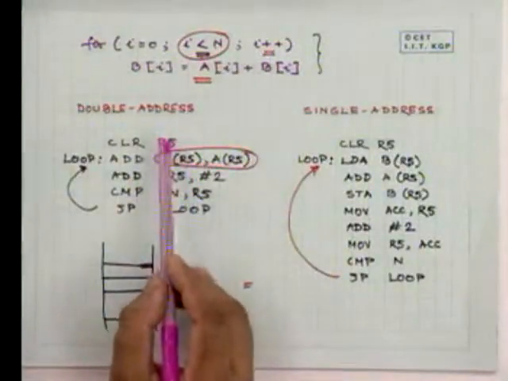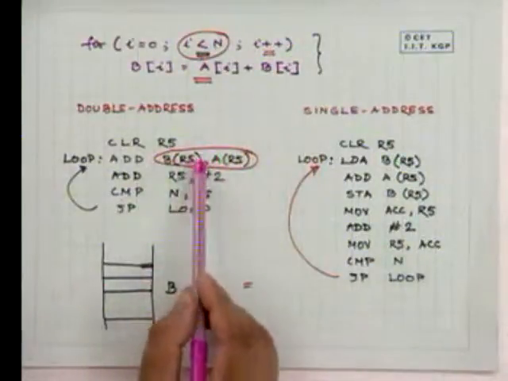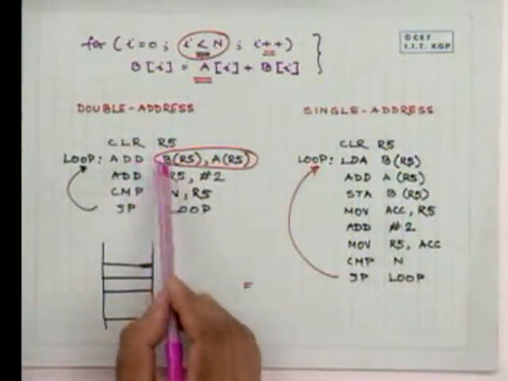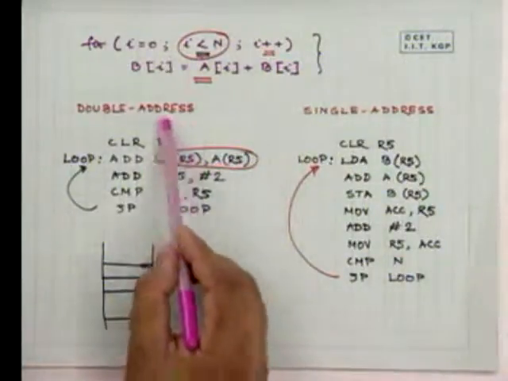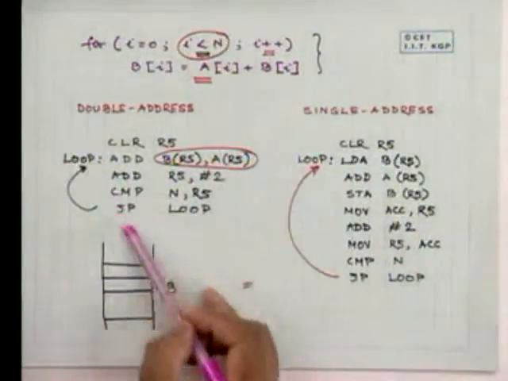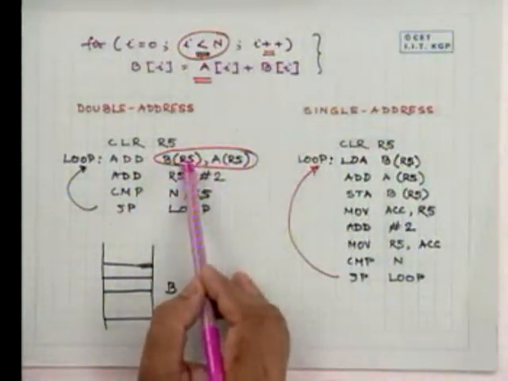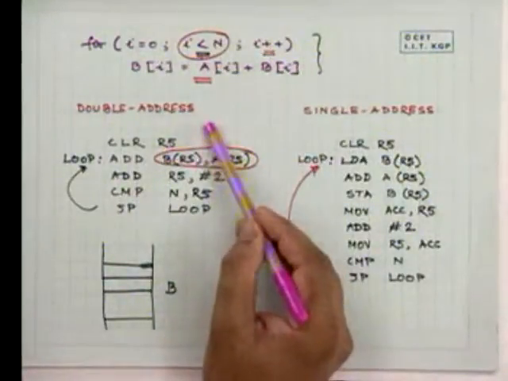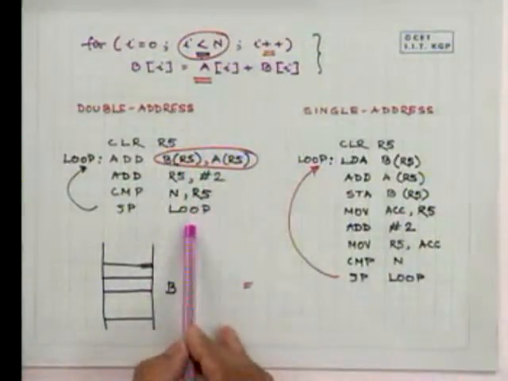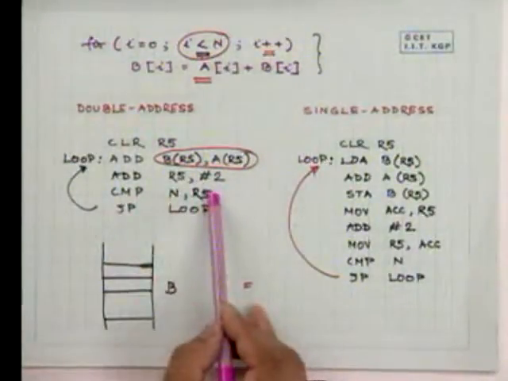Now, let me emphasize that the particular assembly language mnemonics that I have used are of a hypothetical machine, though it closely resembles one of the very popular machines like the PDP-11 in the case of double address instructions.